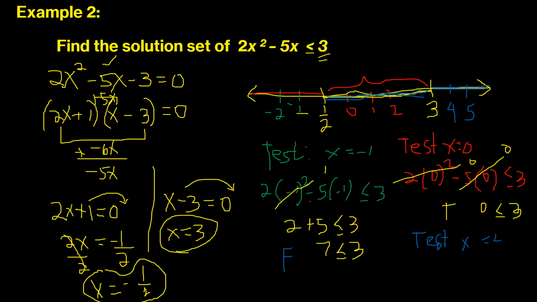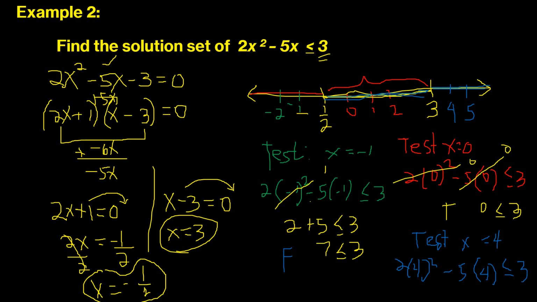So substituting 4 to our original inequality, we have 2x squared, but x is 4, so 4 squared, minus 5x, but x is 4, is less than or equal to 3.